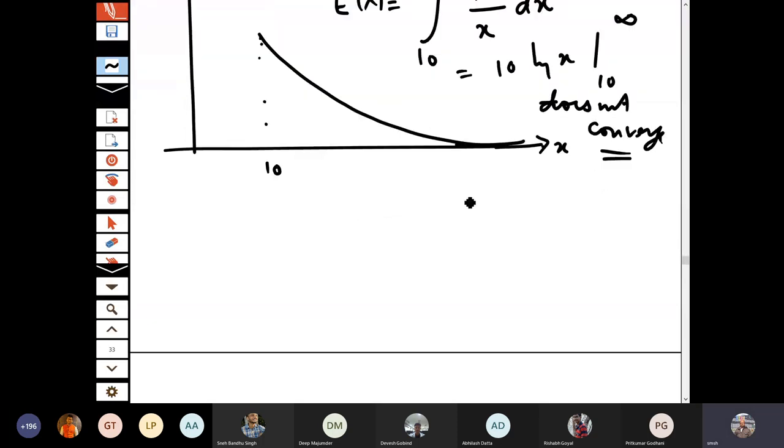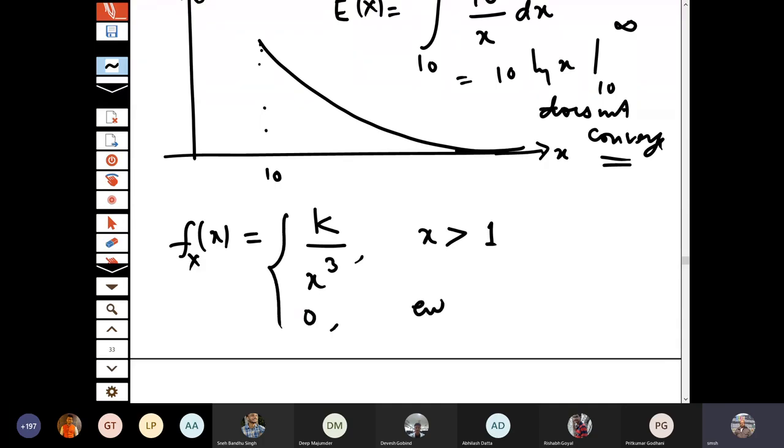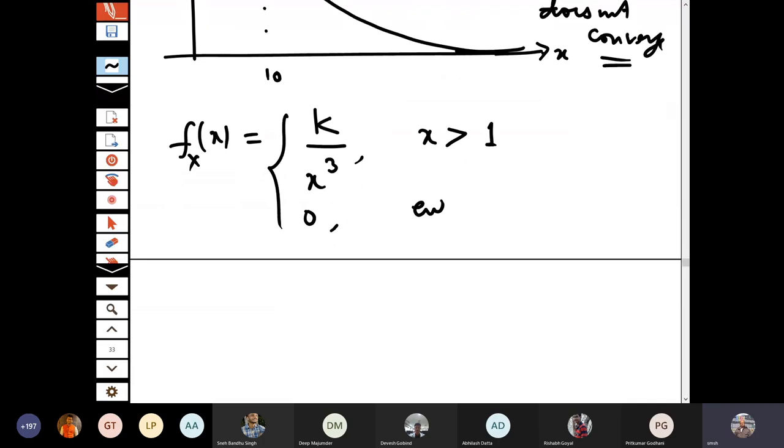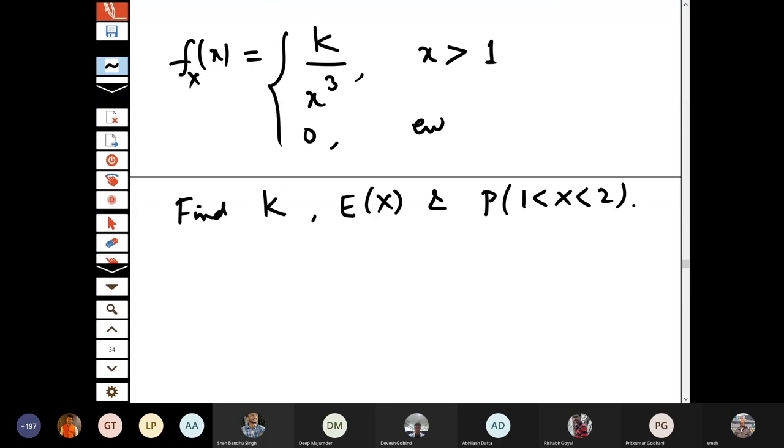You can have another example. So let me give, say, k by x cube for x greater than 1, and 0 otherwise. So k is some value. Can you determine what k is?